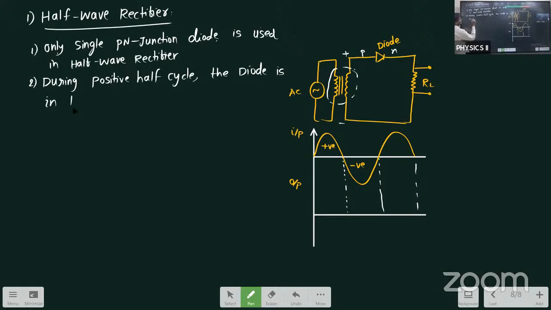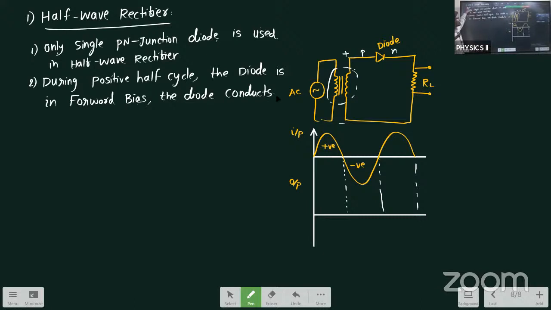Is in forward bias. And will the diode conduct or not? Yes, the diode conducts.